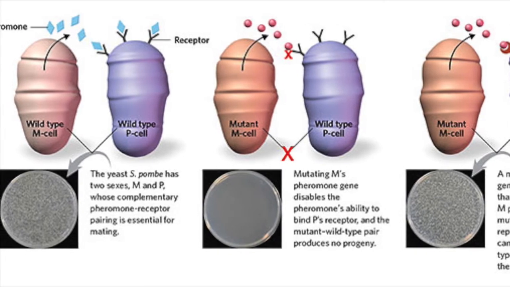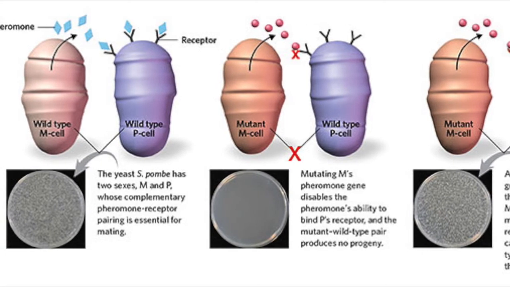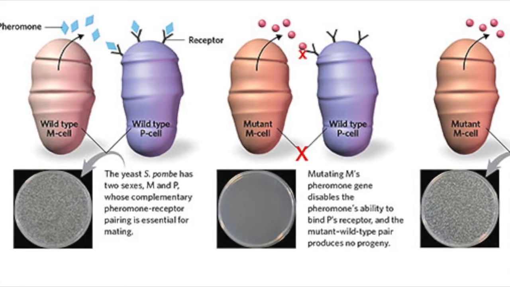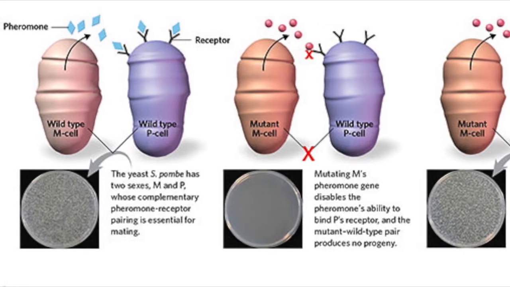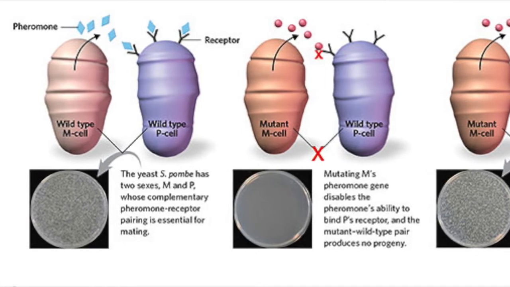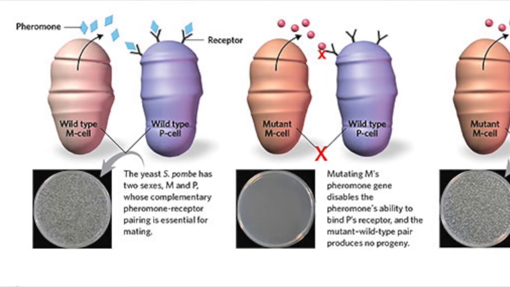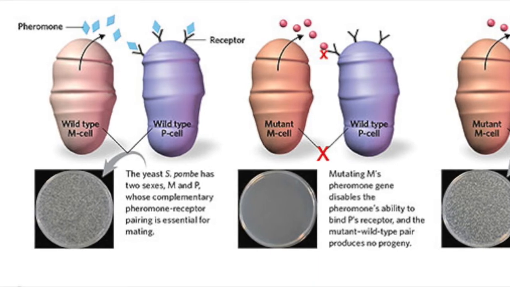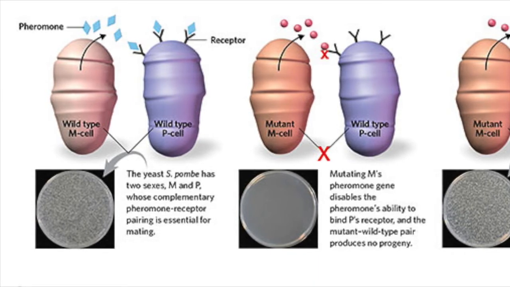"However, it is virtually impossible to reproduce it experimentally." Virtually impossible, but not entirely, it seems, because scientists have been able to mutate a mating pheromone and its corresponding receptor in yeast to promote speciation.